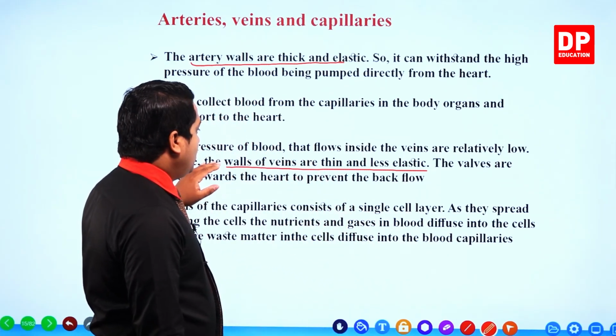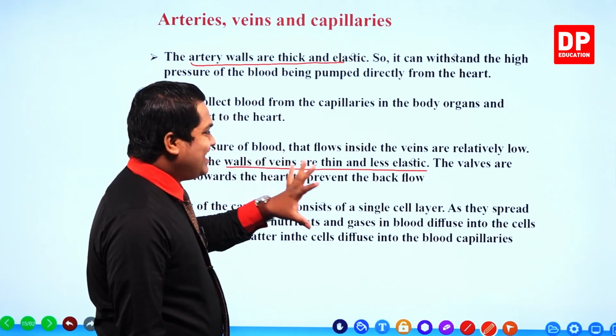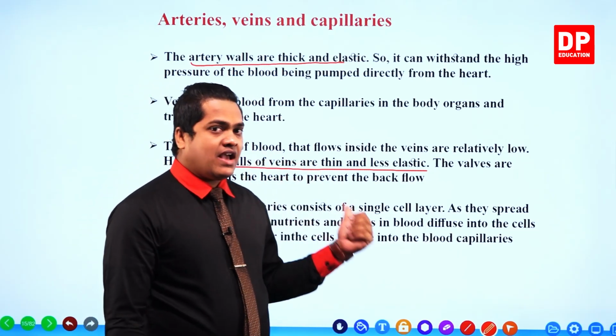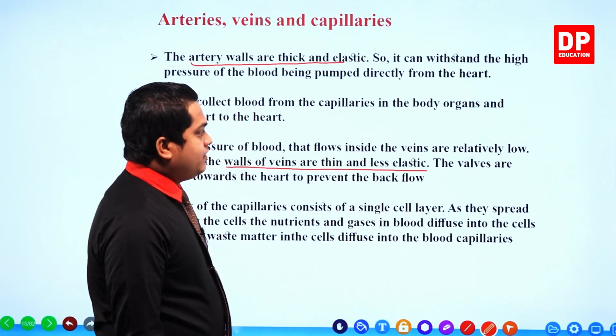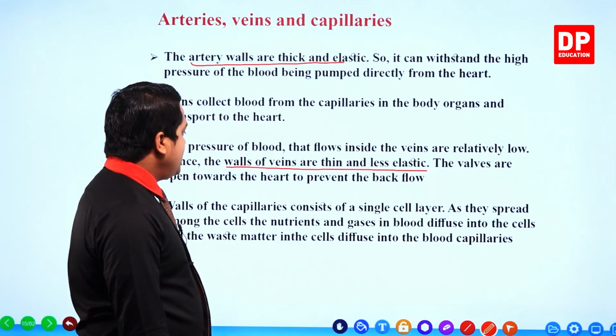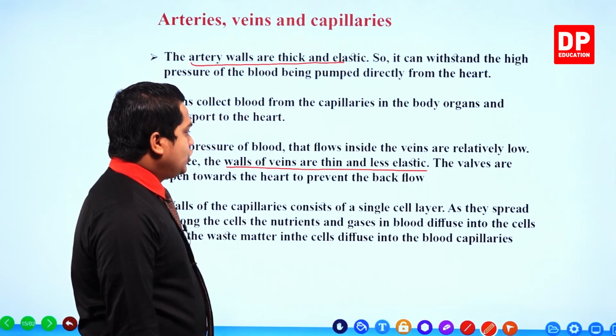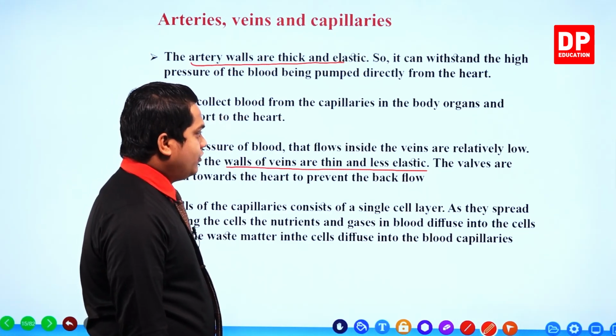However, walls of veins are thin and less elastic because they do not have that much pressure like the arteries.